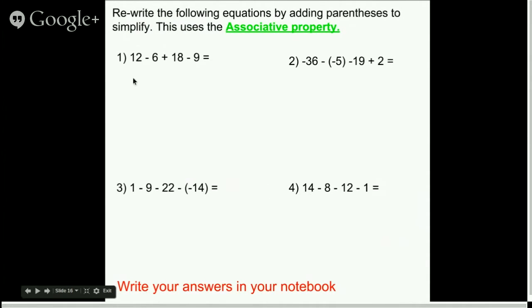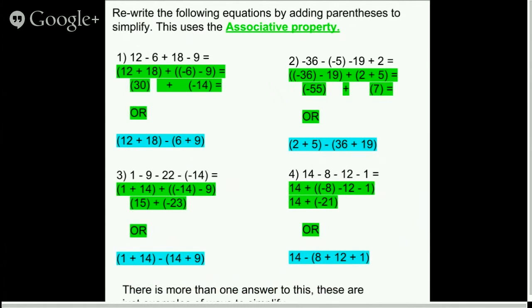So rearrange these by adding parentheses to simplify them. Use the associative property. Go ahead and pause it. So here you could group these together. So 12 plus 18 plus a negative 6 minus 9, or negative 6 plus a negative 9.